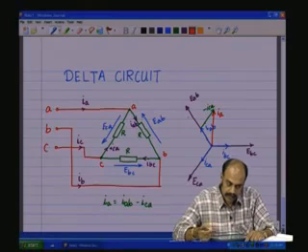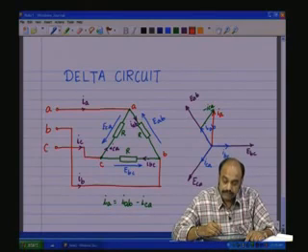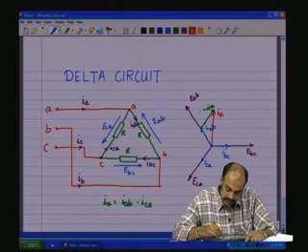IA and IAB are having a phase difference, and that phase difference is again 30 degrees.